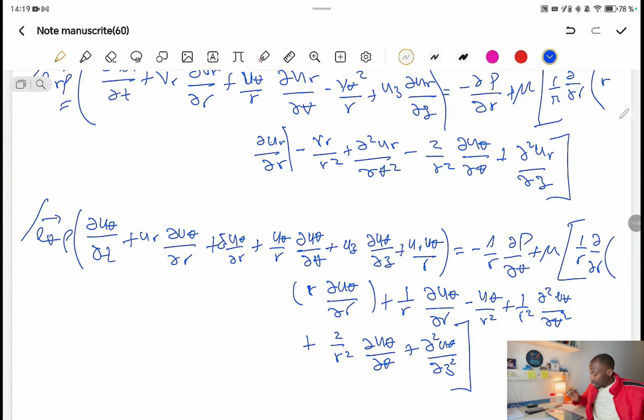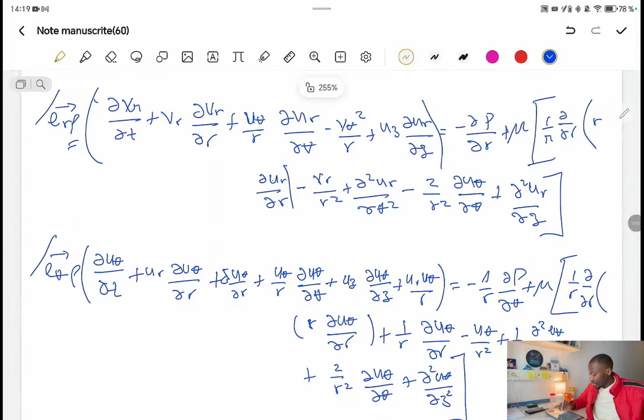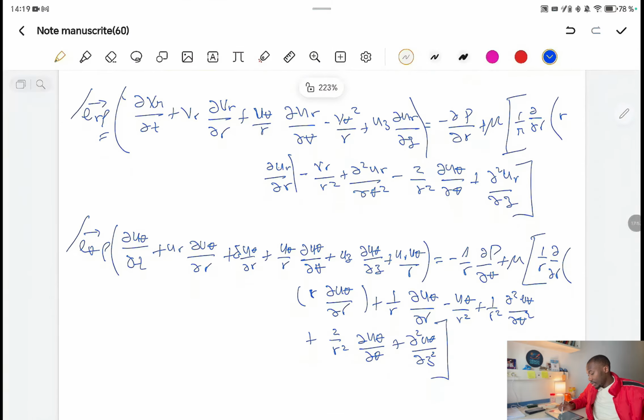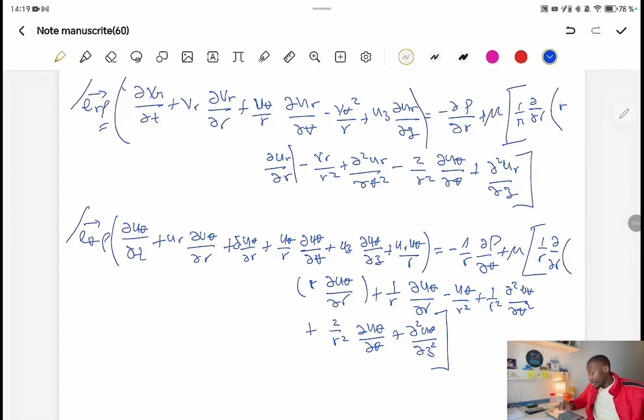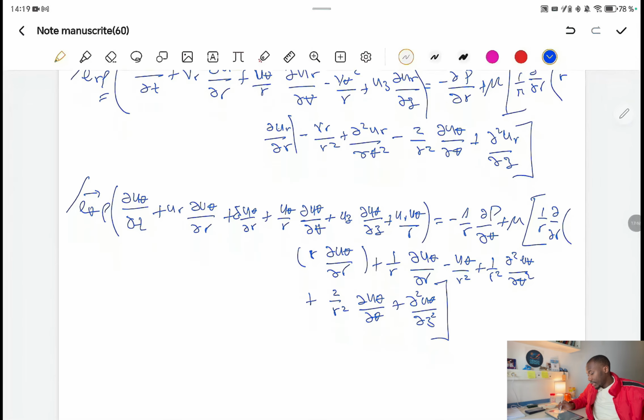Okay, so that is our Navier-Stokes equation in the theta direction.